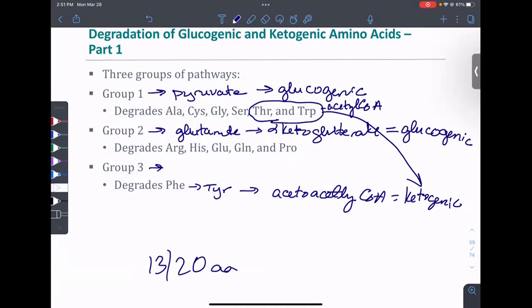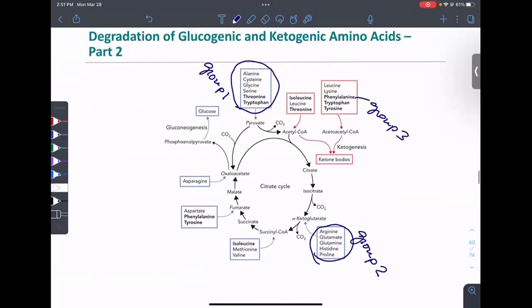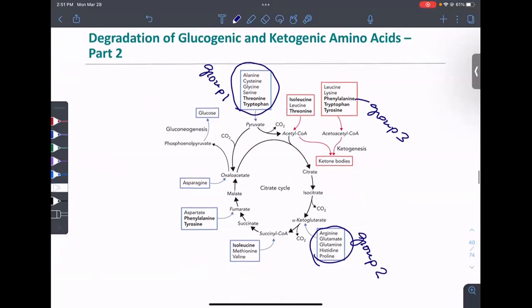And these are the ones that you should know their groups. So if you just look at the blues and the reds, the blues are your glucogenic degradation pathways, and the reds are your ketogenic degradation pathways. And if you have an amino acid where you see bold, what you know is they're both ketogenic and glucogenic.